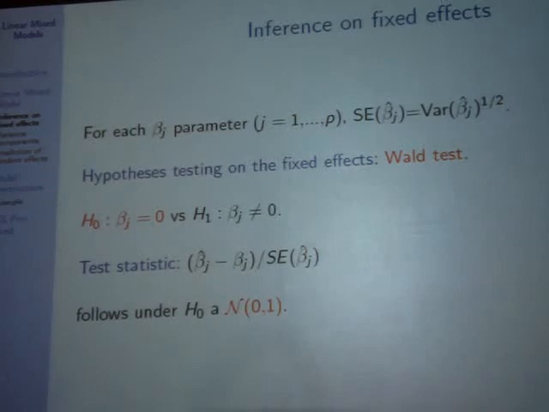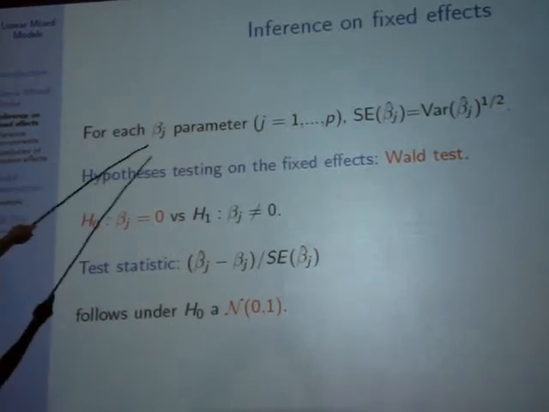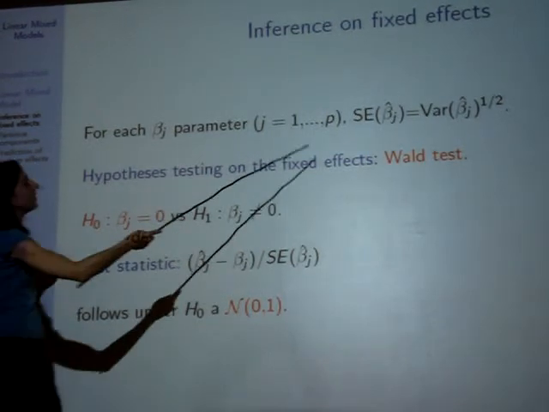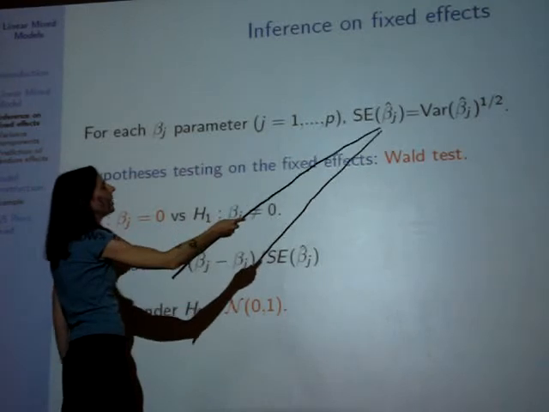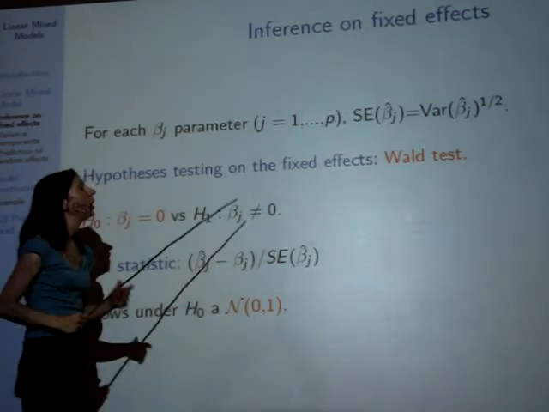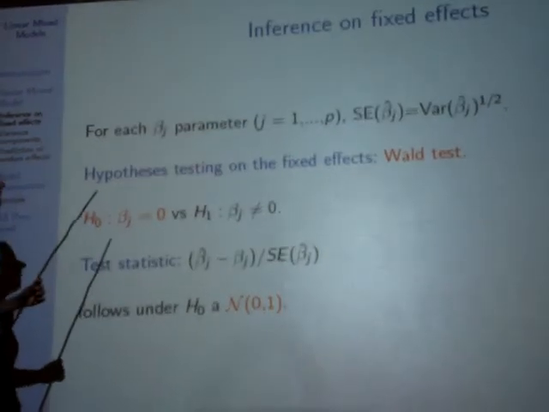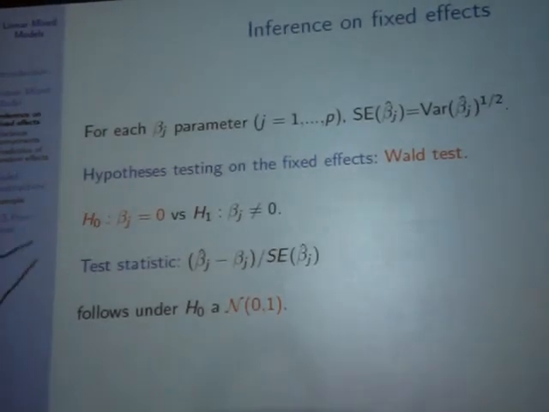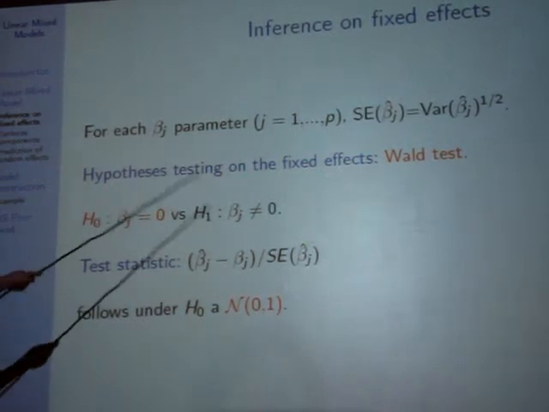So now if you want to draw inference on the fixed effects, for each parameter beta j, for j from 1 to p, the standard error of the estimate beta j hat is equal to the square root of the variance of beta j hat that we just calculated before. If you want to test hypotheses on the fixed effects, you can use the Wald test.